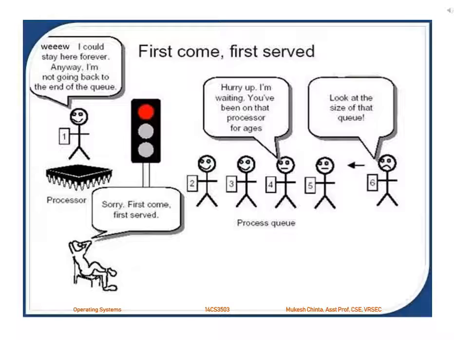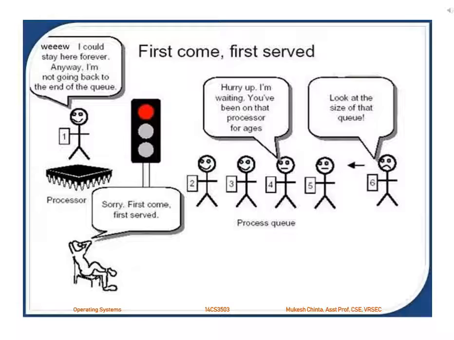It is a non-preemptive scheduling algorithm, easy to understand and implement. Here processes 1, 2, 3, 4, 5, 6 are waiting, and the first is going for execution. Whichever process comes first goes for execution in the first stage, and after execution of the first, the second goes for execution. While the first is executing, the second is waiting.